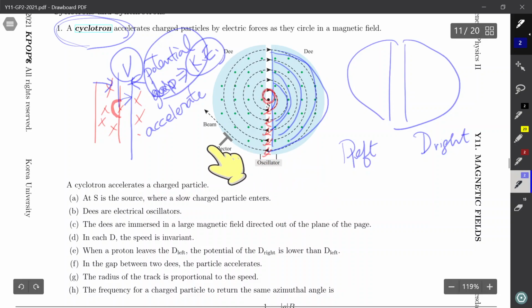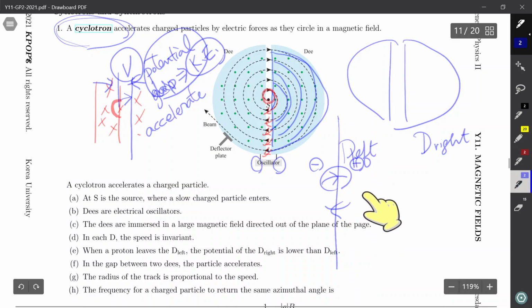That electric potential is generated by an oscillator. When moving in this direction, we must accelerate. So for a negatively charged particle, minus plus. And when it passes from the right to the left, it flips the sign to minus to plus.